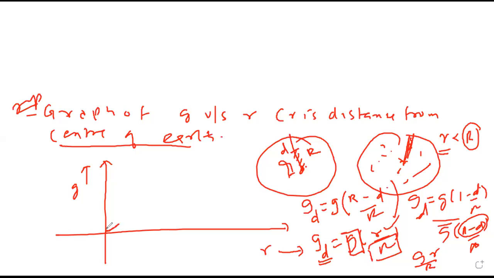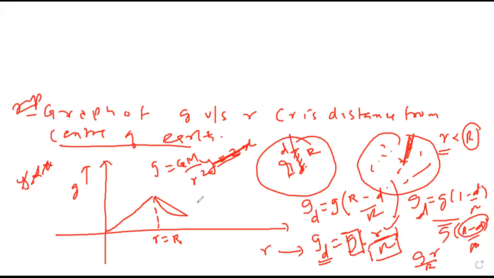Yes, sir. That means it is a straight line. If y is proportional to x, is it a straight line? If y equals 2x, it is a straight line passing through origin. So I have drawn a straight line from center till r becomes capital R, then it is GM upon R square. Once it comes outside, it is GM upon small r square, so it becomes inversely proportional to r square.